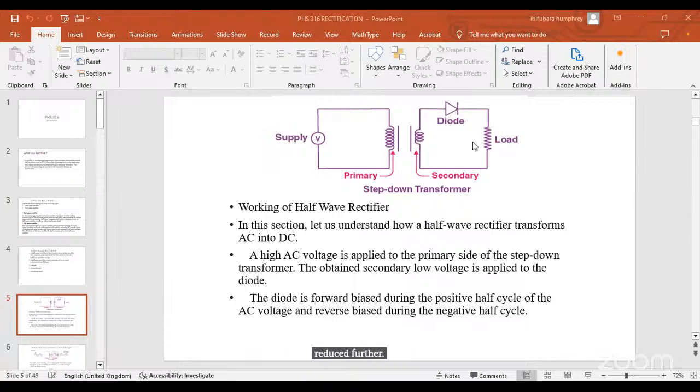Assuming that the load attached is 15 volts and 220 volts is supplied, at the transformer side it will be reduced to maybe 100 or 110 volts to the secondary, and then the 110 volts passes through the diode. Through the diode, it is rectified and reduced further. Only 15 volts is allowed to pass through the diode to power the load, our electronic device. So that is how it works.